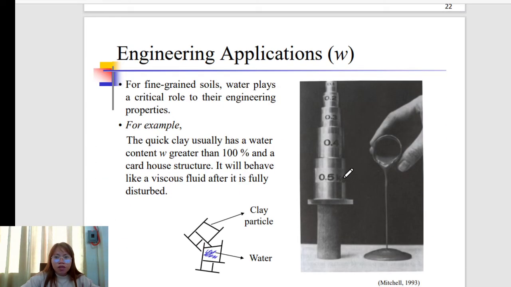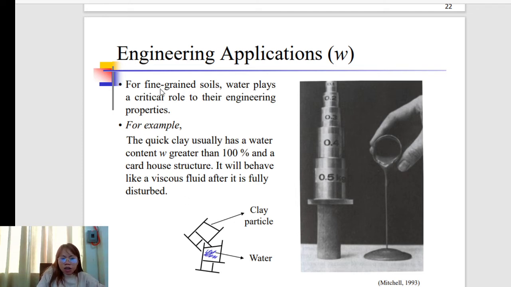Continuation, for fine-grained soils, water plays a critical role in their engineering properties. For example, the quick clay usually has a water content greater than 100% and a card house structure. It will behave like a viscous fluid after it is fully disturbed.